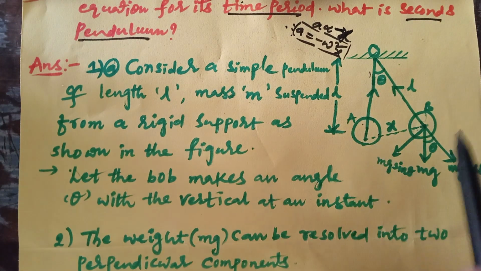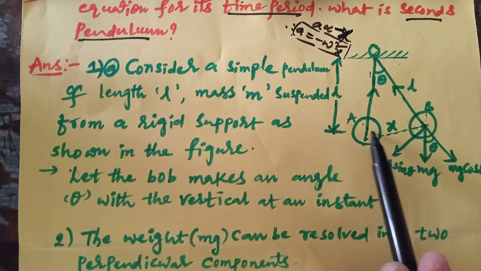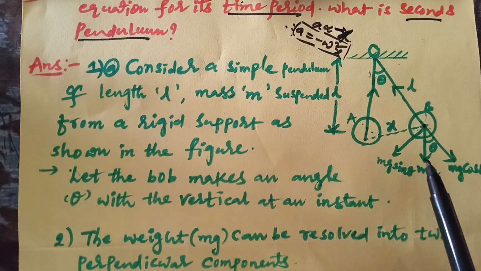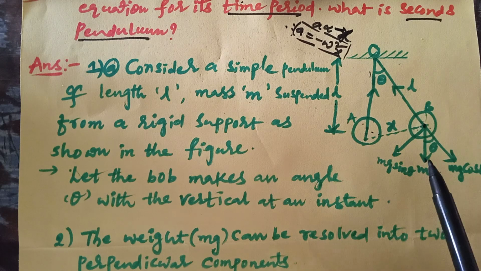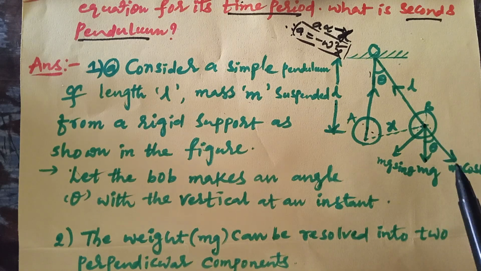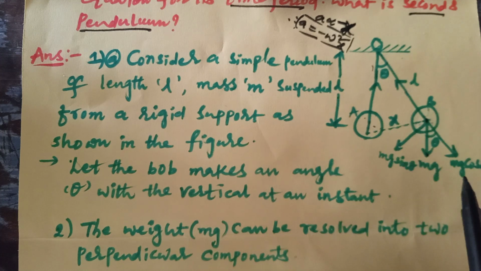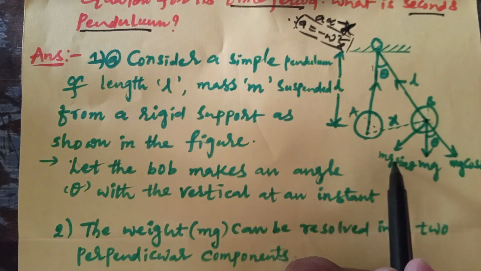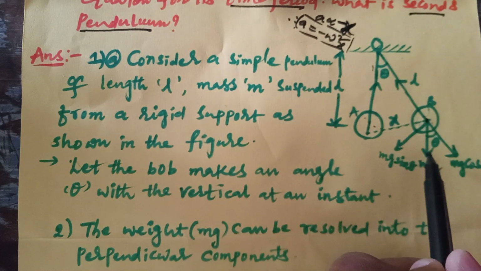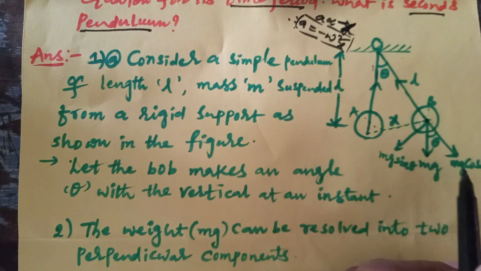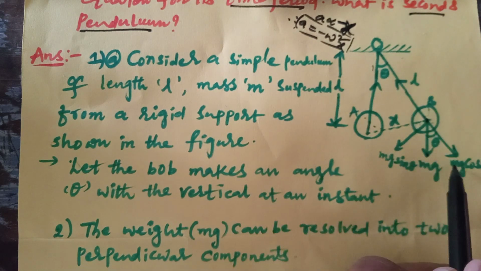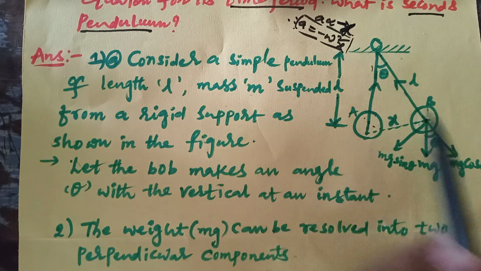What will happen at point B? This bob of weight mg can be resolved into 2 components. One is mg cos theta and another one is mg sin theta.